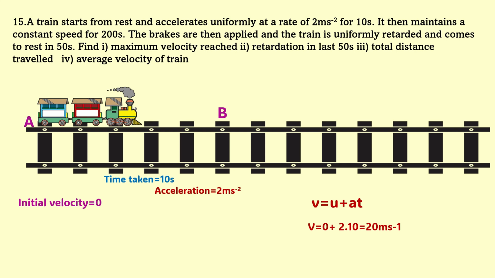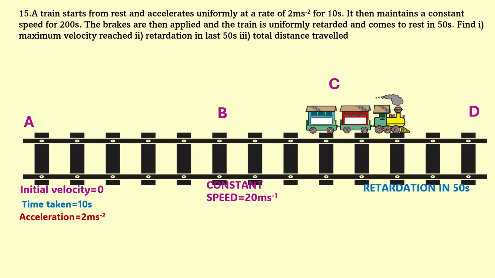Okay. Second is retardation in the last 50 seconds. So retardation in the last 50 seconds, we will use the same v equal to u minus at because retardation is negative. So at this point of time the initial velocity, because from B to C it is going at the same 20 meter per second, then from C to D the initial velocity is 20 meter per second. Final velocity, since the train is coming to rest, it is becoming 0. Okay, so put all these things in the formula and the time frame, when the train came to rest, that is 50 seconds.